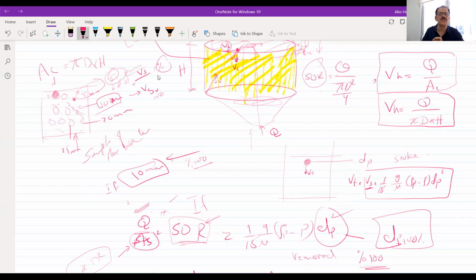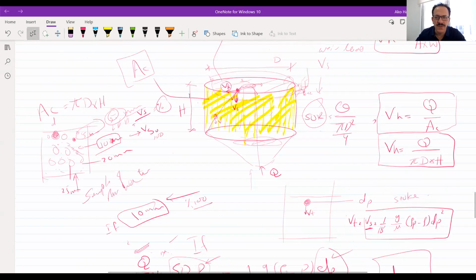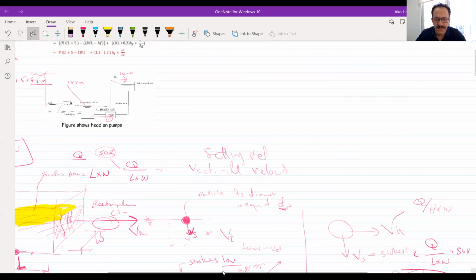This ratio will be less than 1, for example 60% or 70%. It means that the particles of 5 millimeters will not be 100% settled, but 70% of them will settle. And here's the sedimentation idea that we are working on.